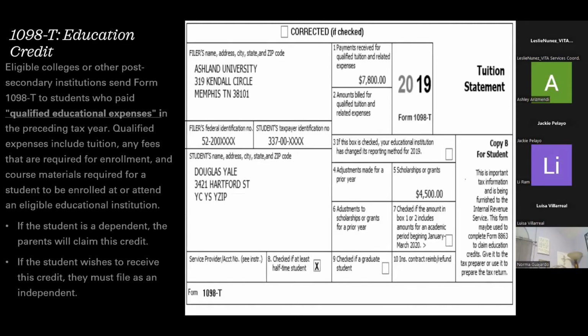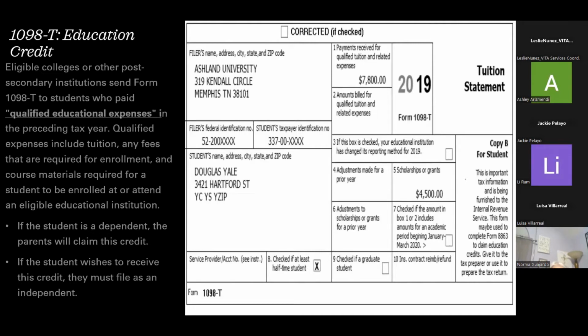Like if it's their first time filing the education credit, like let's say it's their first time bringing a 1098T form, which is the form on the screen. If it's their first time bringing it, they're allowed to use that credit for the next 3 years along with this year that they're filing for. So that makes the 4 years. After that, they would have to use a lifetime learning credit. Oh, I get you. Okay, thank you.